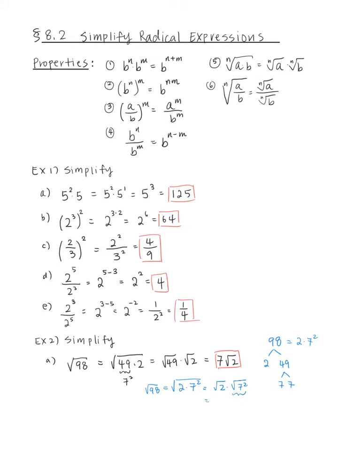Now this guy is going to become 7, and then the square root of 2. But we usually write the square root after the whole number, so we're still going to get 7 square root of 2 for the answer. So you can always use this method if you cannot figure out what the biggest perfect square factor is, or perfect cube, perfect fourth, and so forth.